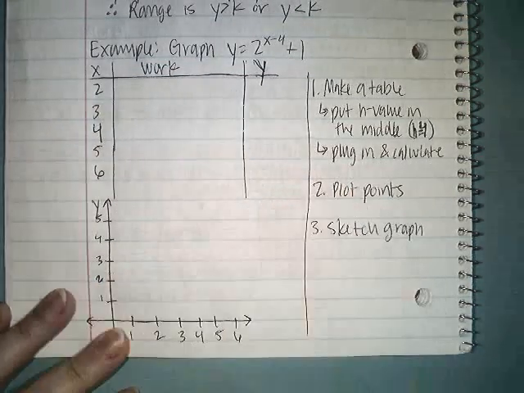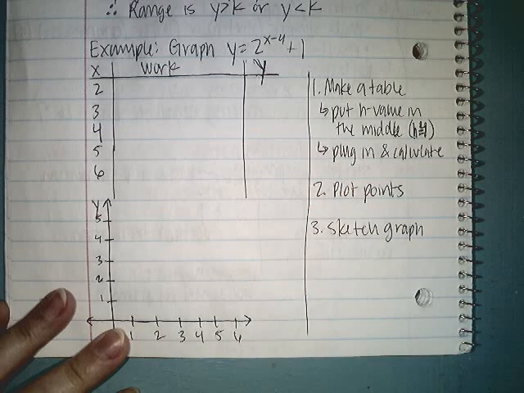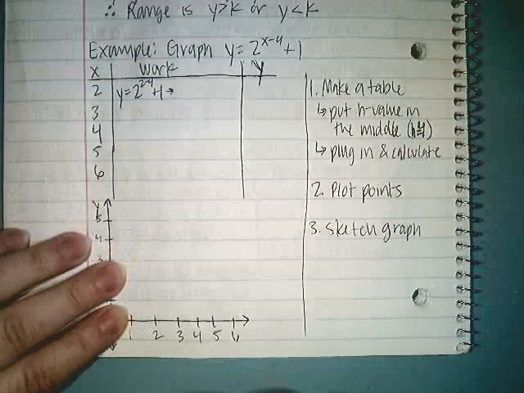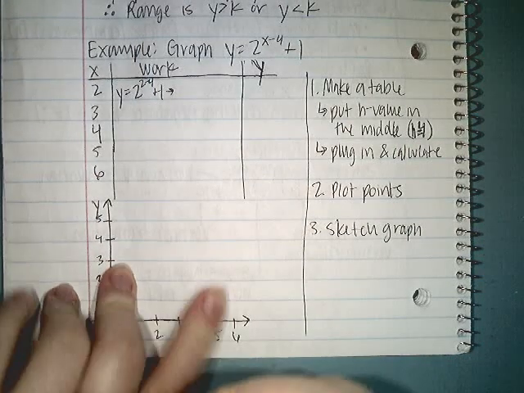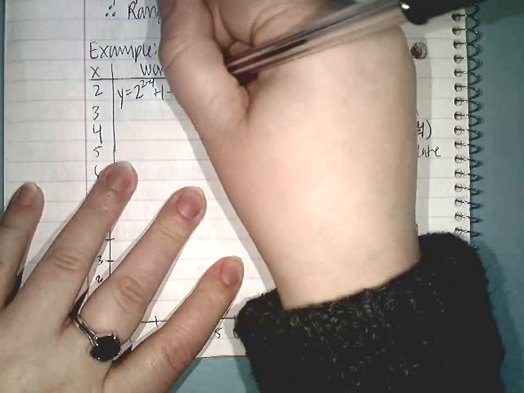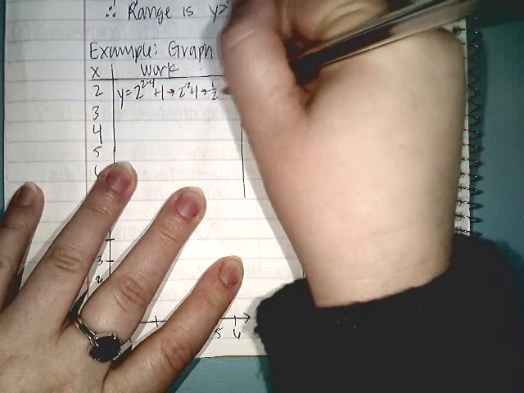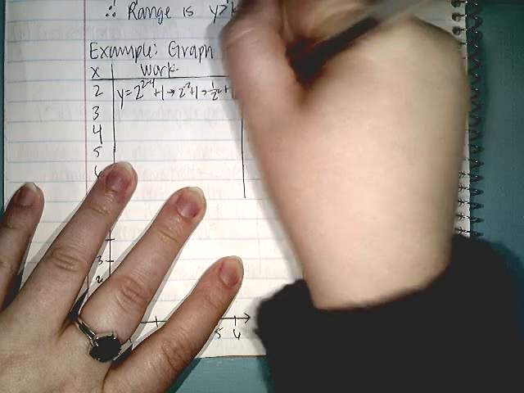I left space here in my table to show you how I completed this work because it can be a little bit less intuitive than some of our other ones. So I have 2 to the 2 minus 4 plus 1. 2 to the 2 minus 4 becomes 2 to the negative 2. So again, this is 2 to the negative 2 plus 1, which becomes 1 over 2 to the 2 plus 1.